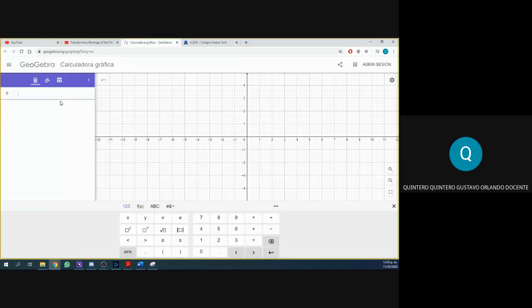Beautiful. So from here, I can show you what would be the result if I graph the function x squared minus 2x plus 1. Look, x squared, right? Minus 2x, right? Plus 1. And like that, I just finished the graph.